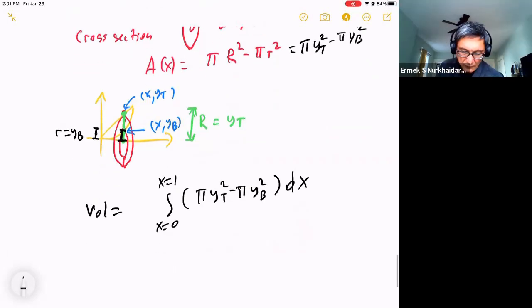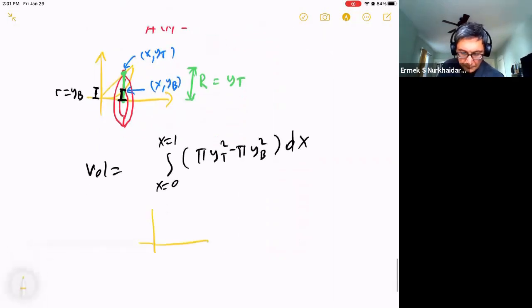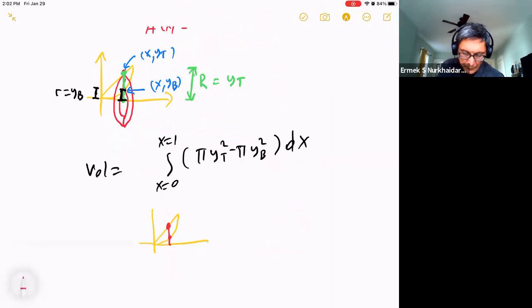Let's have a look again at our curve, our region. So y top comes from here, y bottom comes from there. So y top comes from the top curve, y bottom comes from the bottom curve. Top curve has equation y equals x. So actually y top equals x.